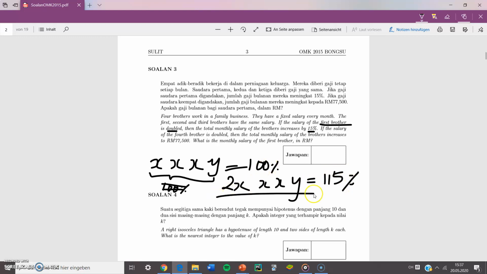Then we take this second one and subtract the first one, we get an x. So it's the salary of one brother from the first, second, and third. We would have 15%. So each of them has 15%. I won't write the percent sign because it's a little time consuming.